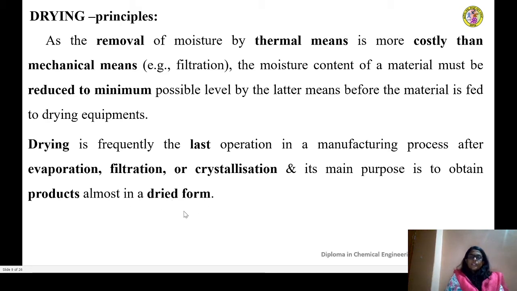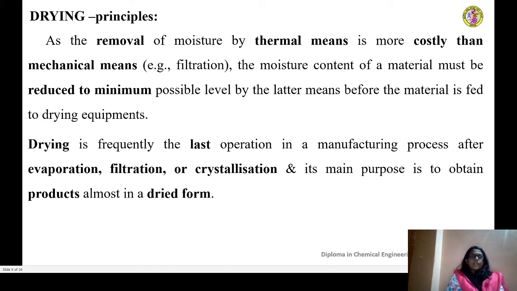So why is drying required? It's because the material should be obtained as an end product in the solid form and also in the dried solid form. Crystallization converts the liquid product to solid product because the use of solid product is much easier compared to liquid product. Anyhow, the crystallization will not give you 100% dry solid product, and that is achieved in a drying operation.